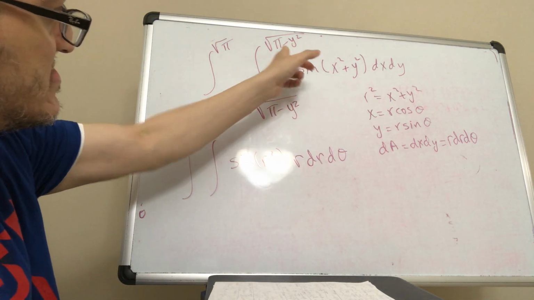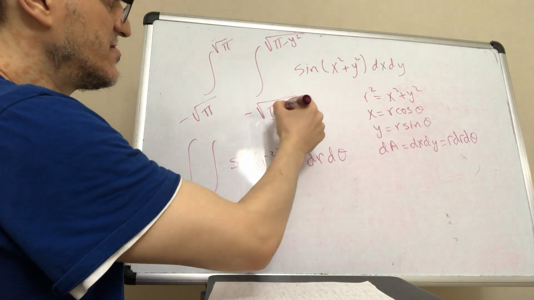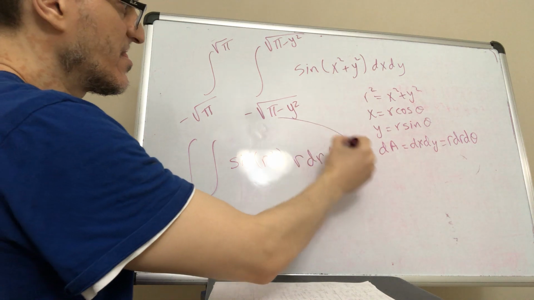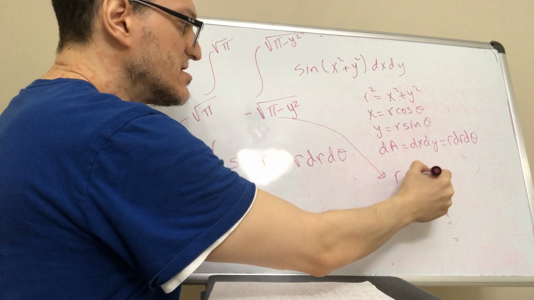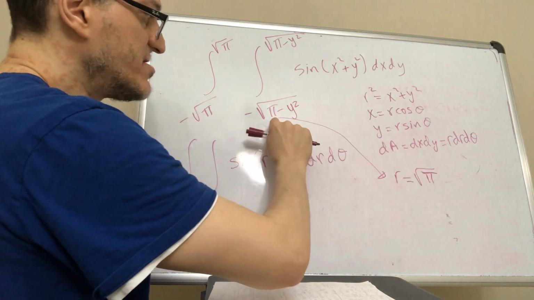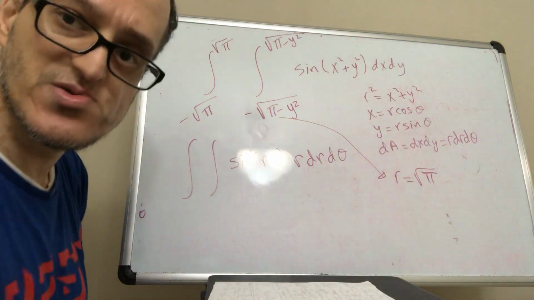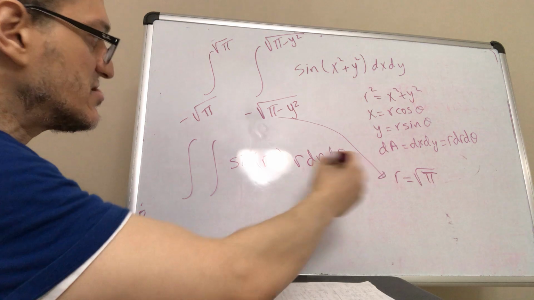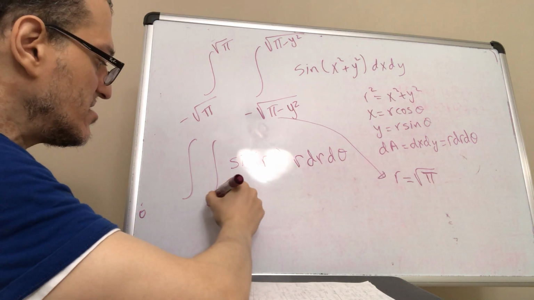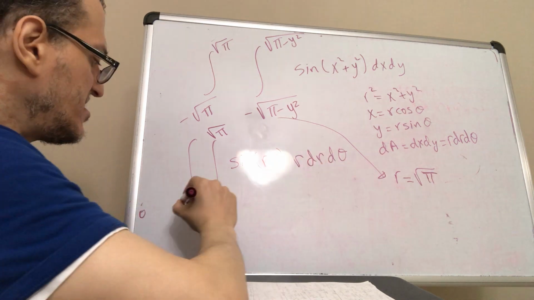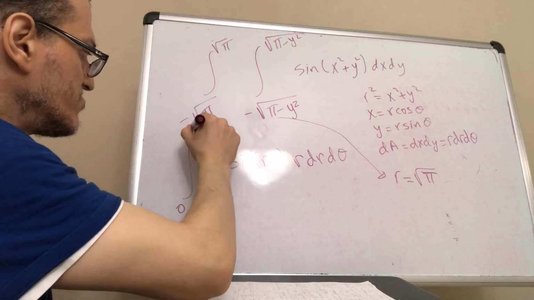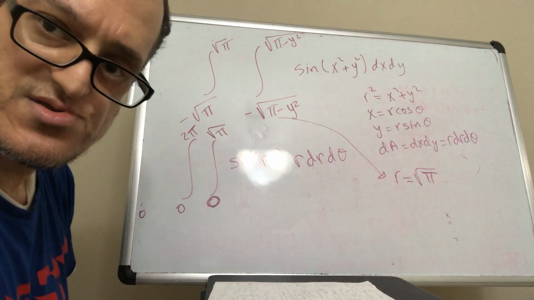If you look at this, the number here, radius would always be the square root of the number that's next to the y or next to the x. So your radius limits goes from 0 to root pi. And theta, always put complete circle, 0 to 2 pi.